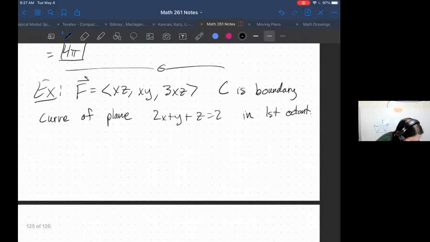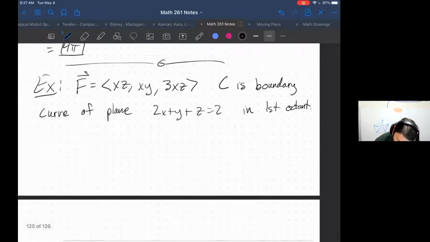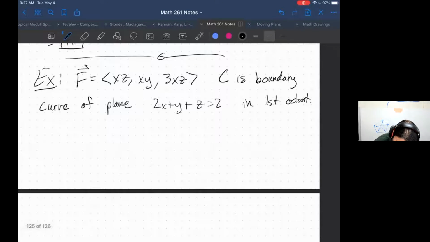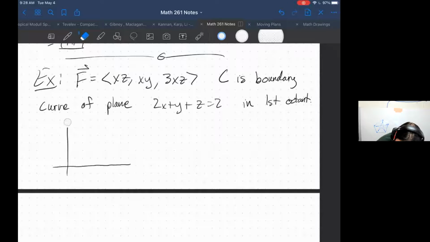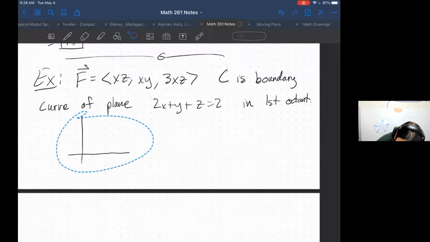So if we try to graph this, yeah, we can graph this. This isn't too bad, actually. Much easier than the cone. But I need to leave some room for my x-axis.